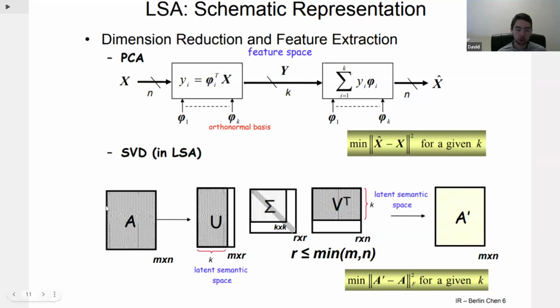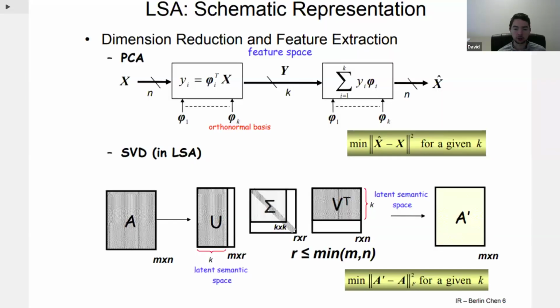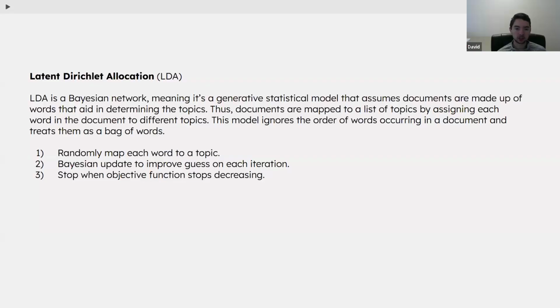But yeah, we have our document word matrix, and we do singular value decomposition, which basically involves factoring it into two different matrices, and then finding the latent semantic space, which is another matrix, which will basically associate the most important words in the documents and which ones are similar, I guess. And the result is that the different documents will have a different vector of words, which will be similar, basically, as we saw in the animation.